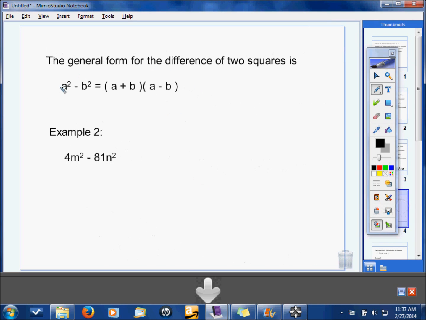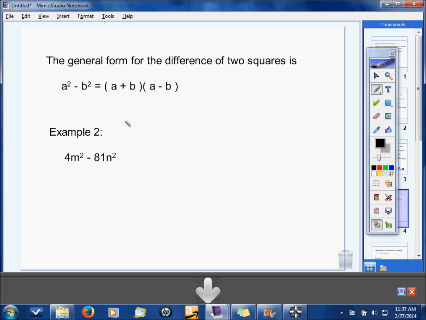So in general, this is what it looks like. If you have the difference of two squares, whatever it is that's squared in the front and whatever it is that's squared in the back get turned into a binomial, a plus b and a minus b. So it's a pretty simple process.